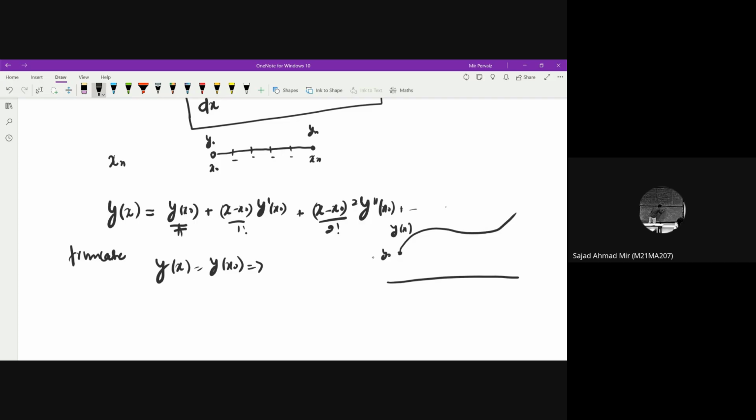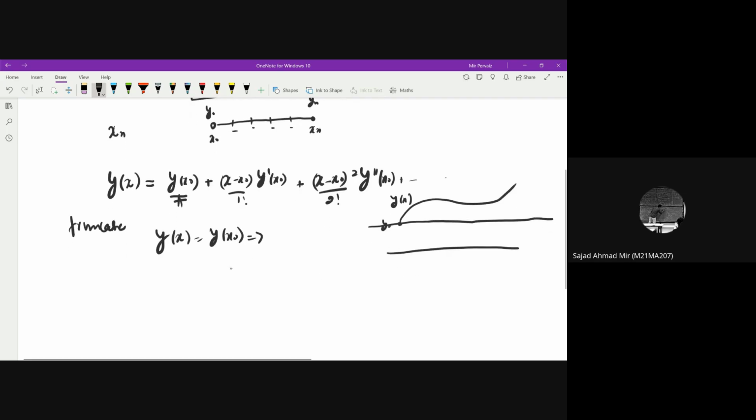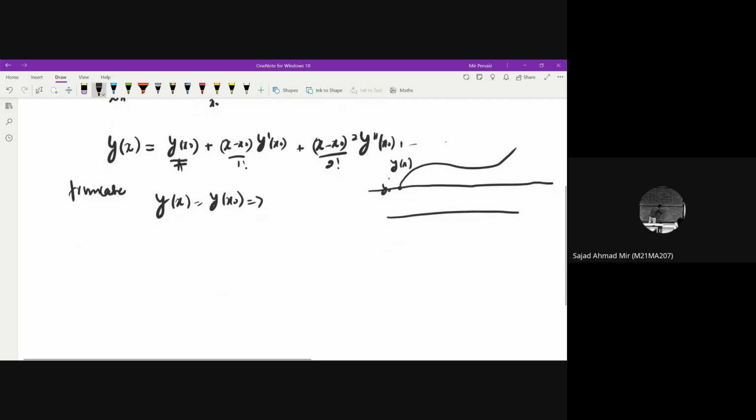Now you are approximating it by just a horizontal line. This is when you retain only one term of the Taylor series. But your function need not be a constant, it may be varying, right? So let's retain two terms of the Taylor series.